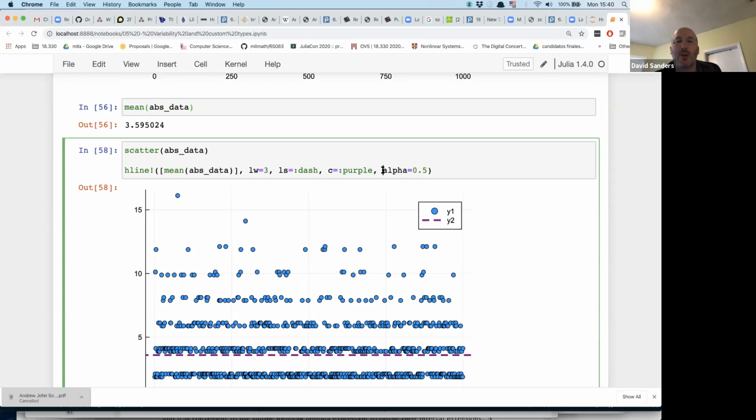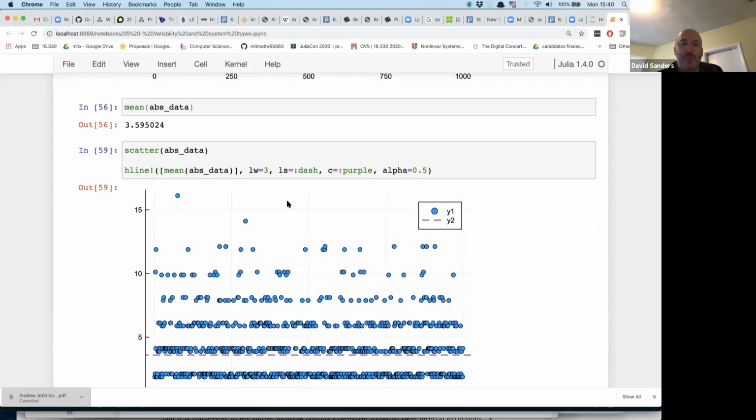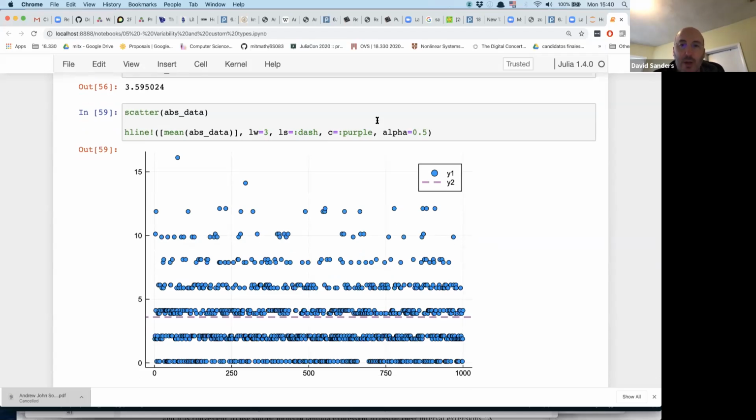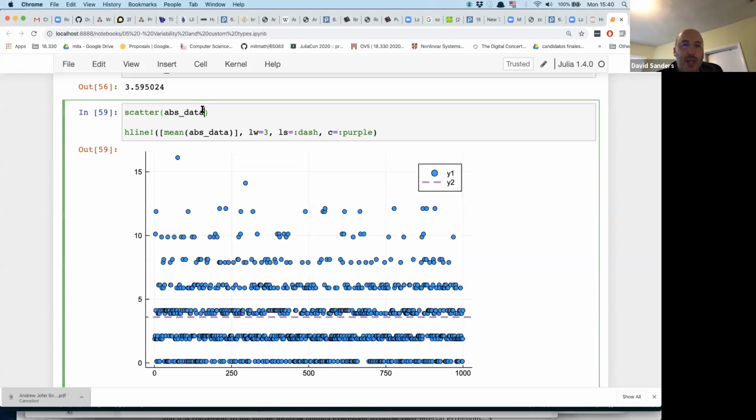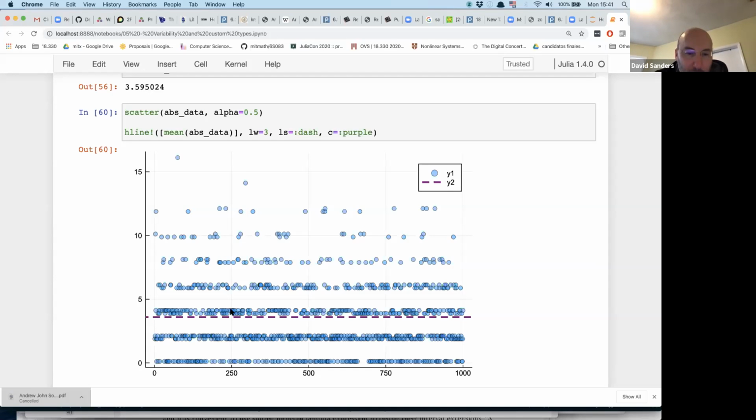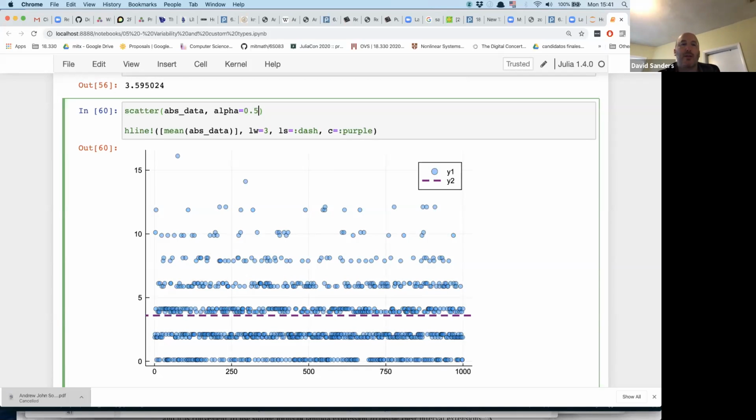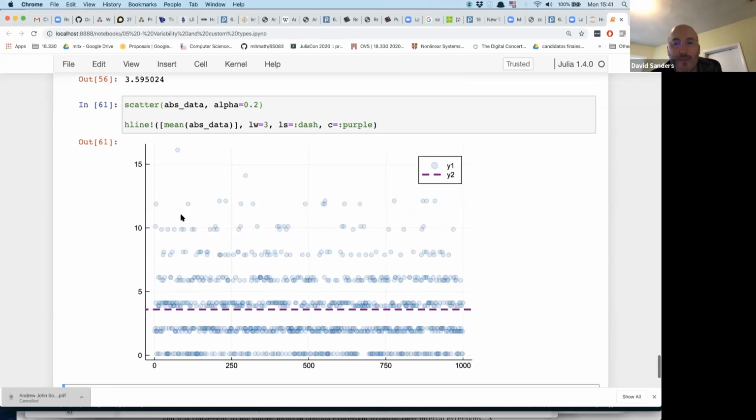If I add that as a plot option, that will make my dots transparent, in the scatter, not in the H line. The dots are now transparent and you can see that they're overlapping, and there's a lot of dots right here, and it's hard to see that when you draw them all solid. Reduce this alpha value and they get even more transparent.